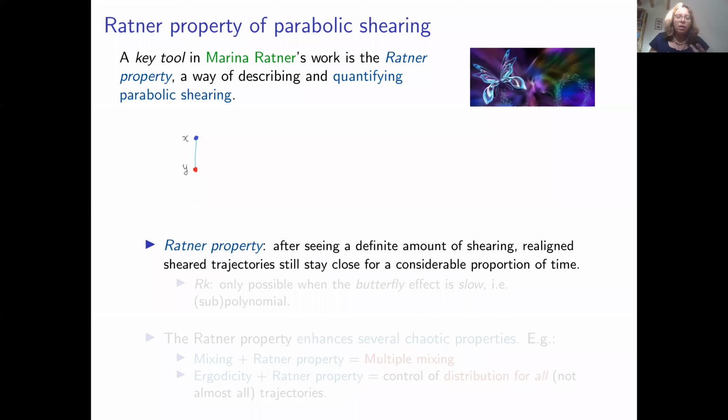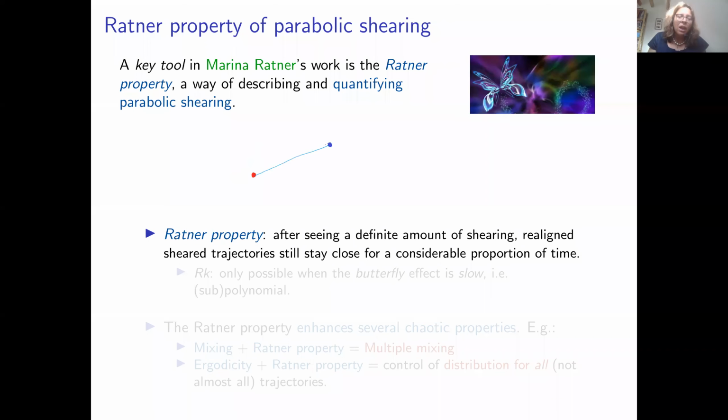The picture that she wants to see is that for most pairs of points, you see shearing. And if the two points shear, you can wait until you see that they have sheared by a fixed amount, say 1.